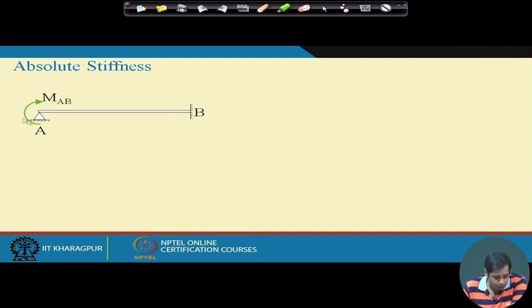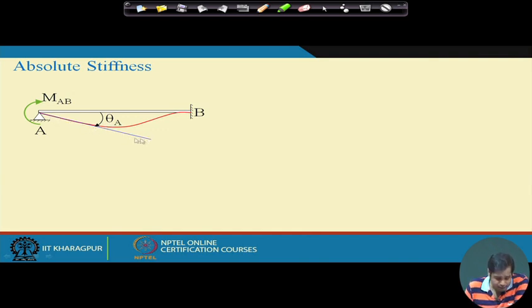Because of this moment, this structure may undergo a deformation like this. We take clockwise moment as positive for all the calculations, but when we draw the bending moment, we consider whether the moment is sagging or hogging. That is why all the moments are shown here as clockwise moments, and the corresponding rotation is considered positive.